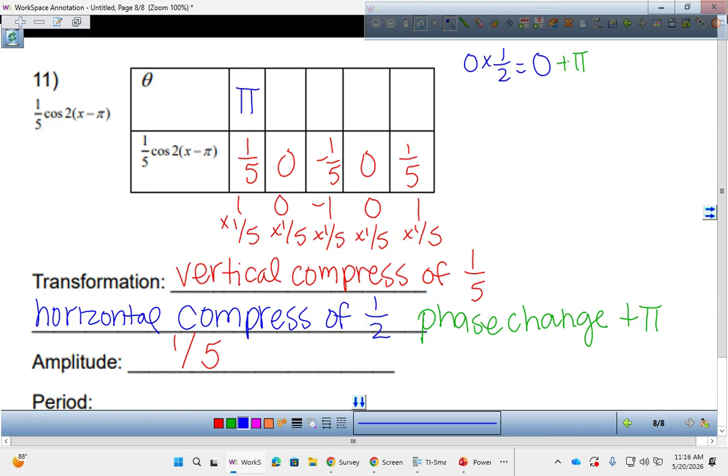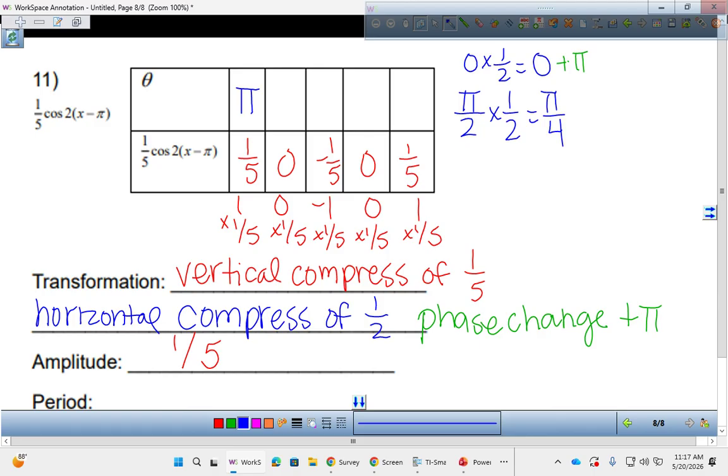Now let's look at the second value of a cosine table. The second x value of a cosine table is pi over 2. So I'm going to work with the pi over 2 now. I'm just going to do this off to the side for space reasons. What I want to do is compress that by 1/2, so I'm going to multiply that by 1/2. And now I'm at pi over 4. That's the shrink part. Now I gotta move it.